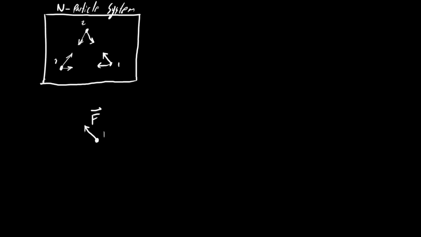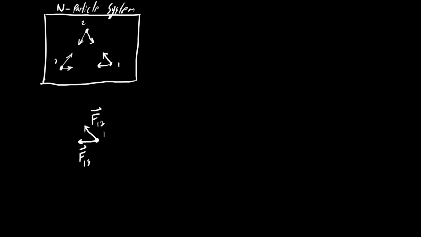So this would be the force on 1 by 2, that's how we're going to write it. And then we are going to quantify this arrow right here as the force on 1, once again, by 3. As you can see, we're going to write everything with this little subscript notation for the interaction forces.